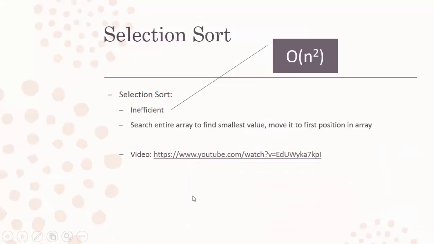So in a selection sort, as you can see, we potentially would double our time, if not make it quadratic, as we added elements to our array.